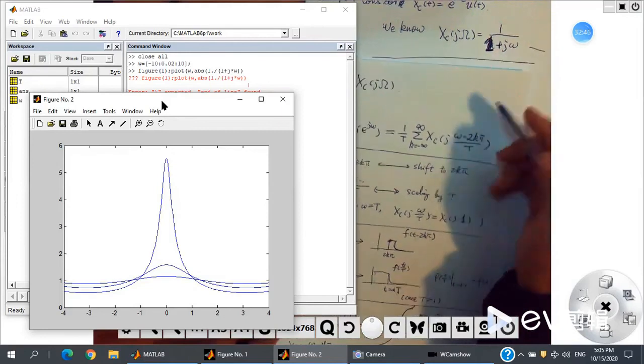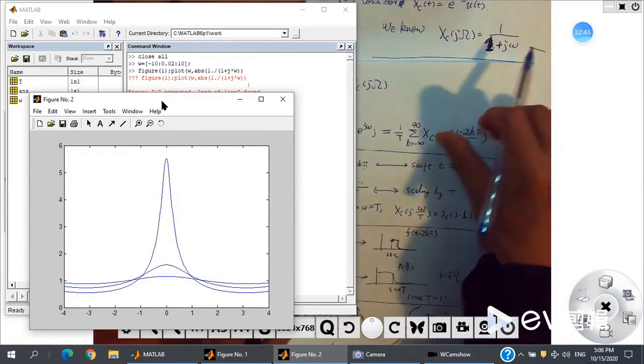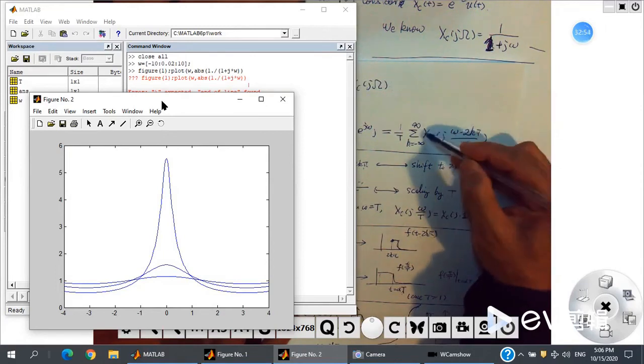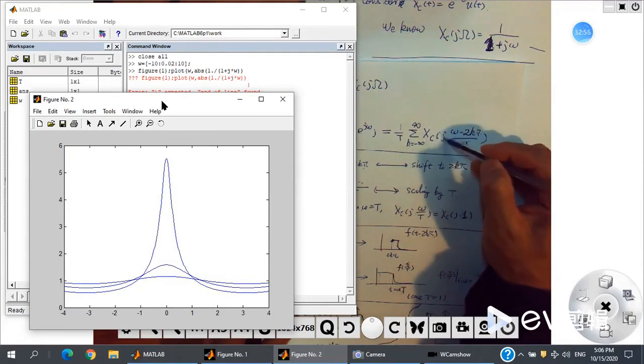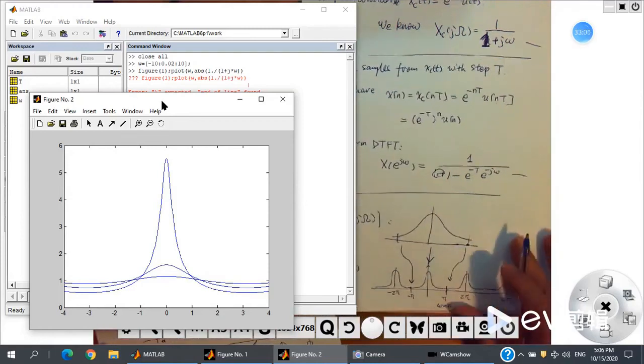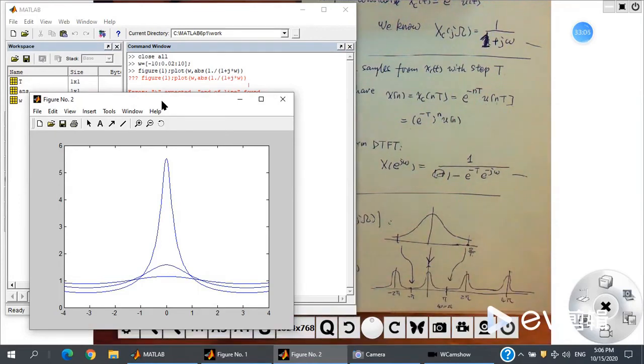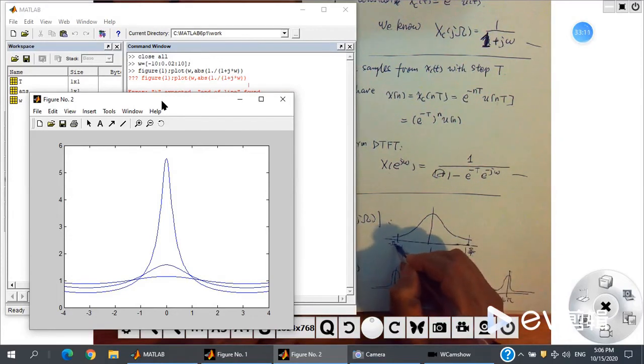Center one k is 0, right? It is just Xc of j omega over T. Now omega is pi, so this is Xc of j, pi over T. So this point is pi over T. This point is negative pi over T.